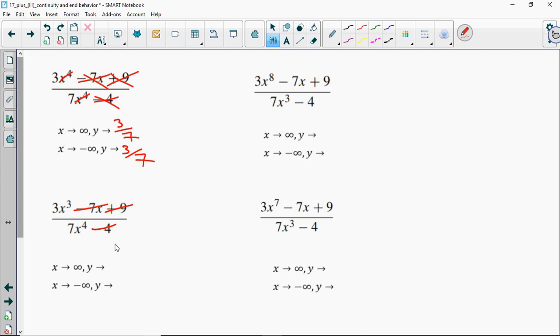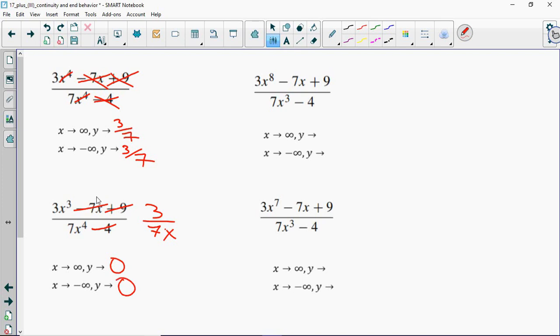And now, if we simplify this expression, well, rules of exponents would tell us that we need to cancel out the x cubed from the numerator and just leave us with 1x in the denominator. And now, when I have a really, really, really big x value, I am dividing 3 by a gigantic number. What is my answer? It's essentially 0. And that's going to be true whether x is positive or negative.